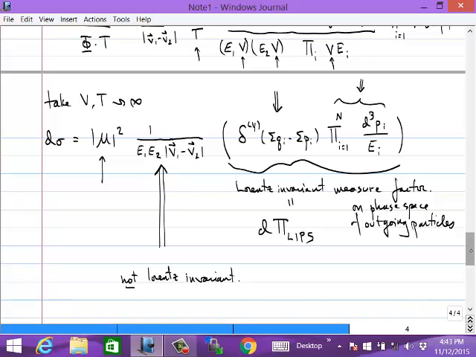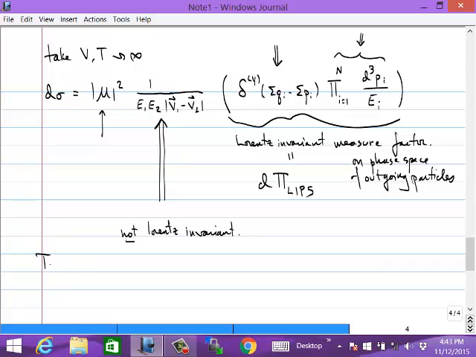So typically, for something like 2-to-2 scattering, we will study this in the rest frame.